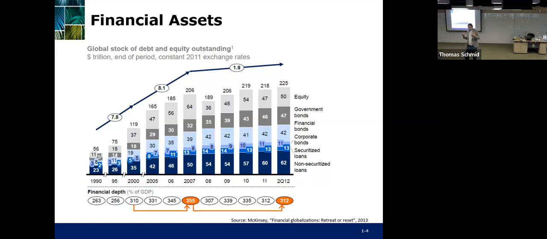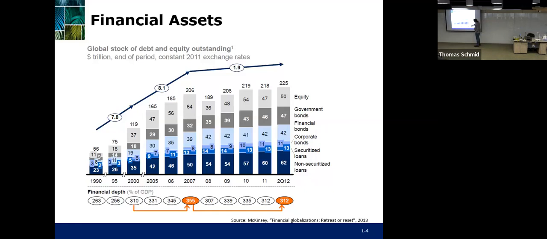Fixed income is kind of not very much talked about. But in terms of volume, that is much more important than equity. Okay? Global stock of financial assets, less than 1/4 is equity. More than 3/4 are debt. Okay? So that's something we should keep in mind.